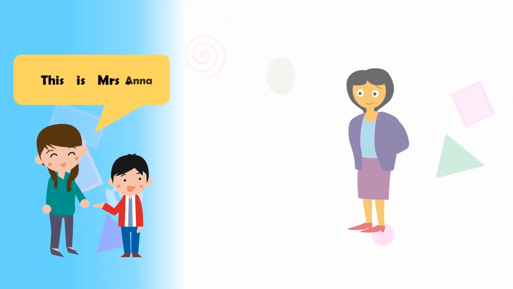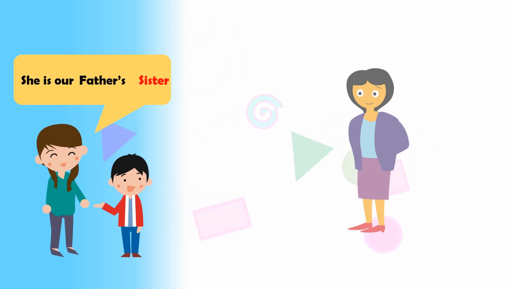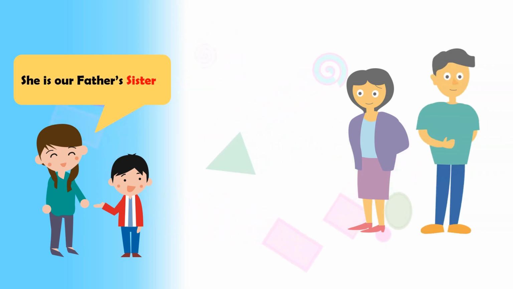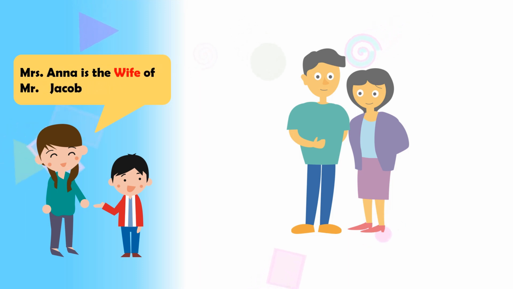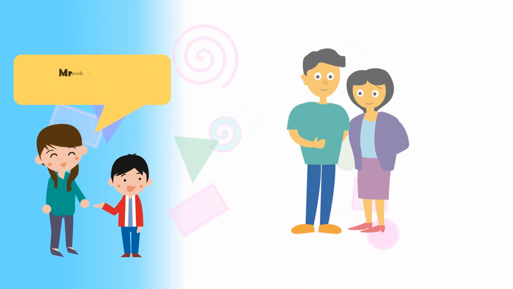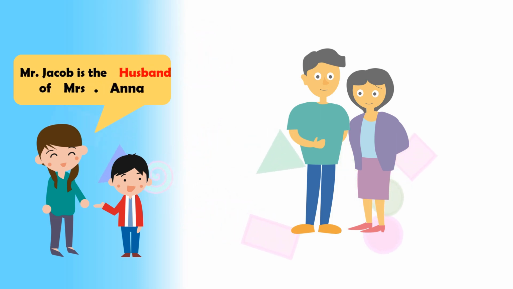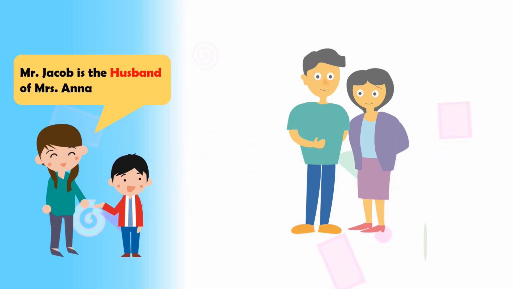This is Mrs. Anna. She is the father's sister. This is Mr. Jacob. Mrs. Anna is the wife of Mr. Jacob. Mr. Jacob is the husband of Mrs. Anna.